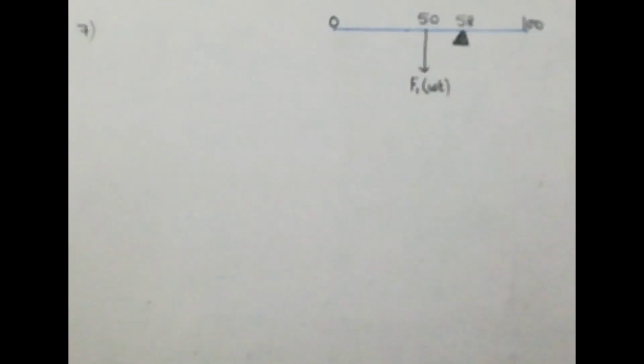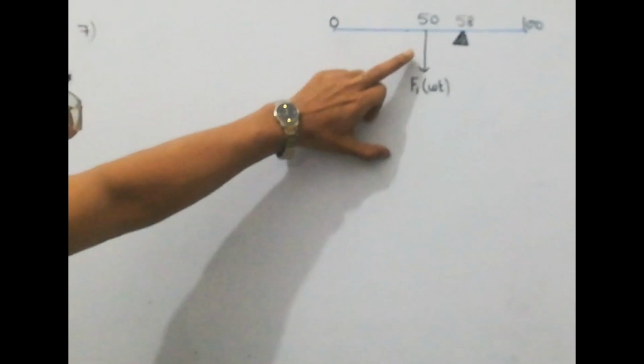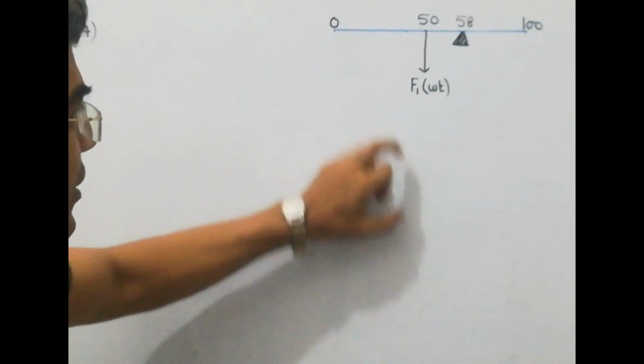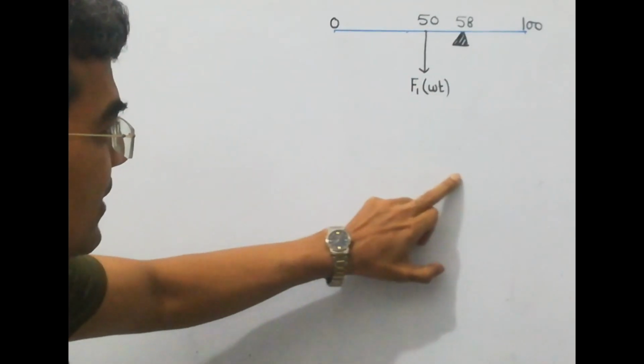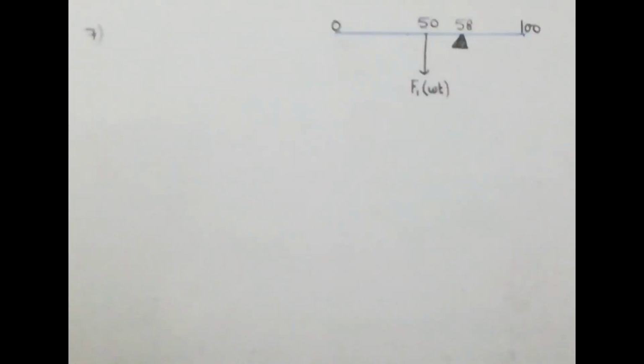Now if we leave the diagram at this stage, do you think that this scale is balanced at this point? No. Why is the scale not balanced at this point? Because this force F1 is making the scale rotate like this, that is in the anti-clockwise direction.